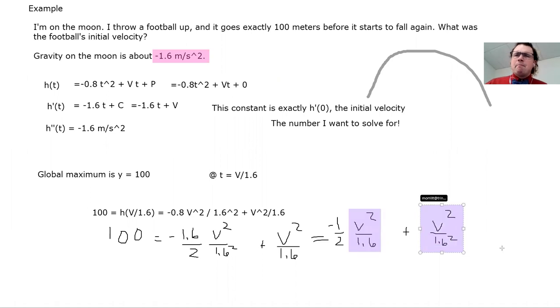There it is again. So if I'm taking negative 1/2 of something and adding it to itself, that should just be 1/2 of v squared on 1.6. And oh, sorry, this exponent right here is extraneous. I apologize for that.